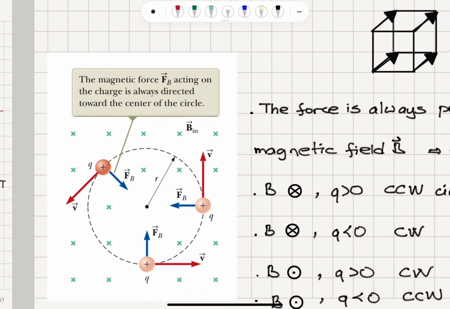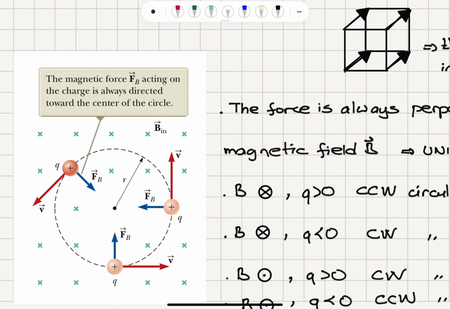Now, when we put a charged particle with velocity v in a uniform magnetic field, you can see that we have these crosses here, which show that the magnetic field points into the page. If I follow my right hand rule, the right hand fingers point towards the velocity. If I curl them towards the magnetic field, which is into the page, I see that my thumb points in this direction.